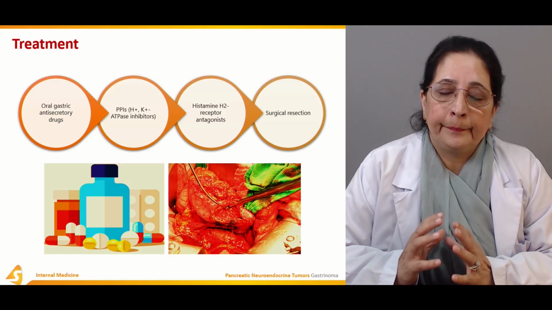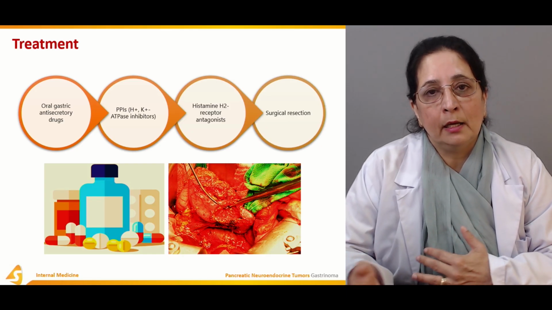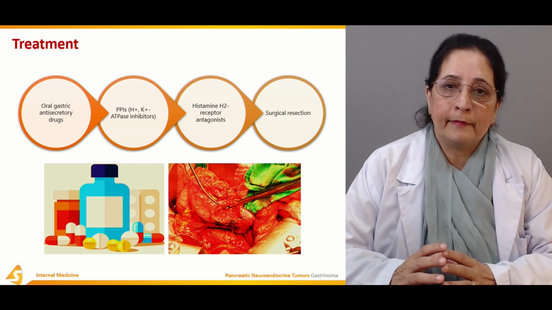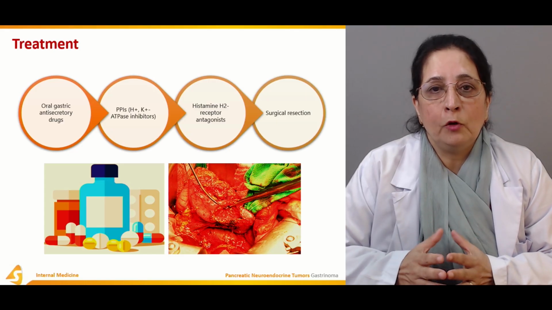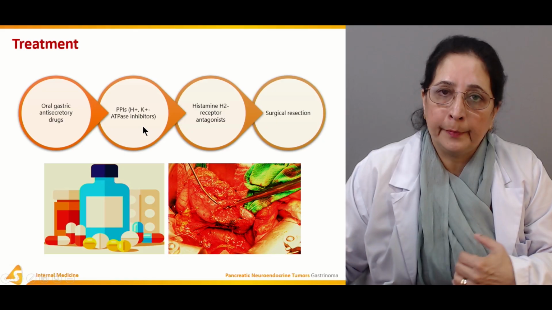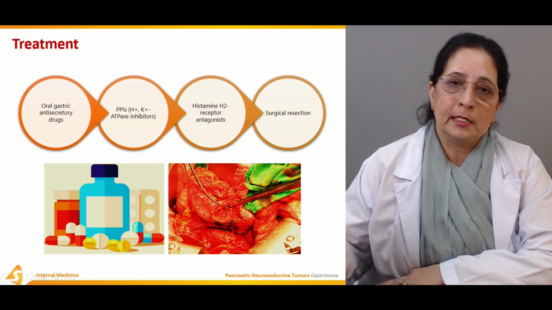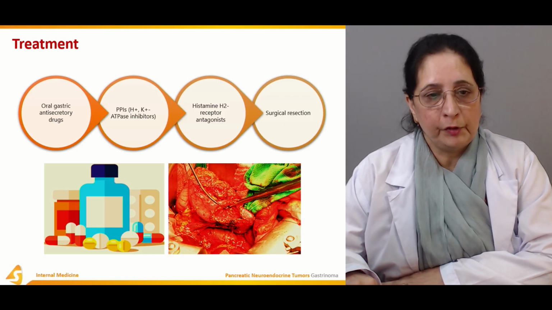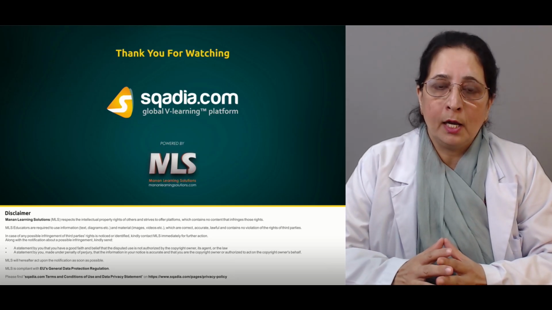It is also associated with diarrhea and abdominal pain, and different diagnostic tests are available for the diagnosis of gastrinoma. The treatment options are H2 receptor antagonists, proton pump inhibitors, oral gastric anti-secretory drugs, and surgical resection is also an option for the treatment. So that was all about section 1, gastrinomas.